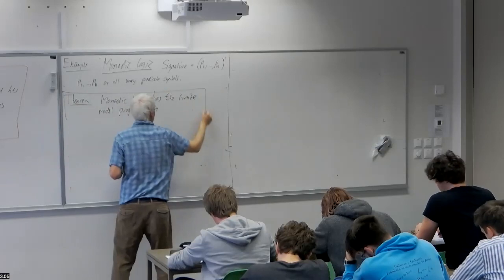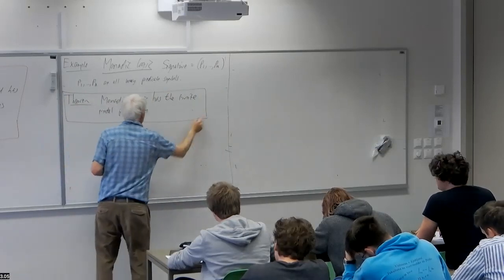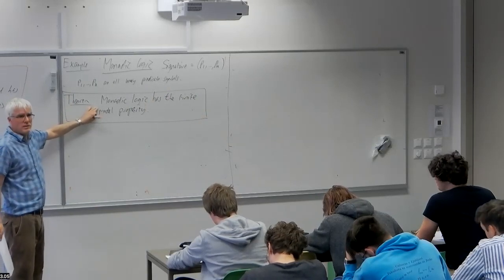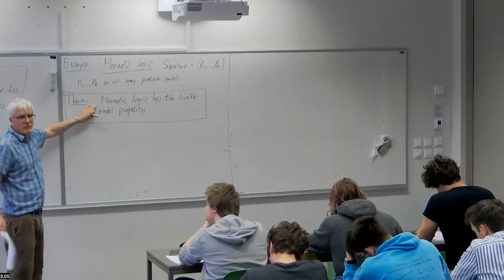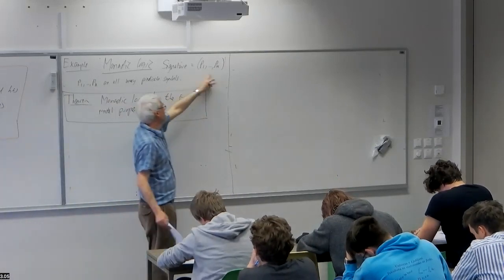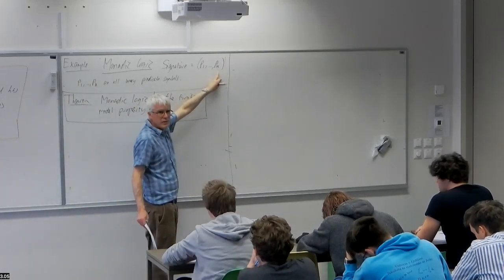And by this, I mean the empty theory in monadic logic. So we have the theory of all structures for monadic logic. We've got some signature with k unary predicate symbols.